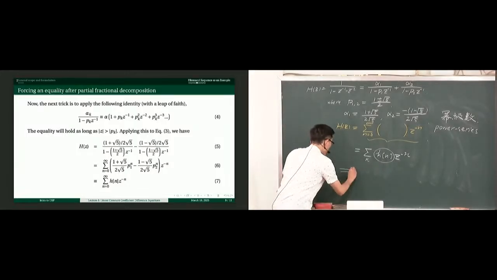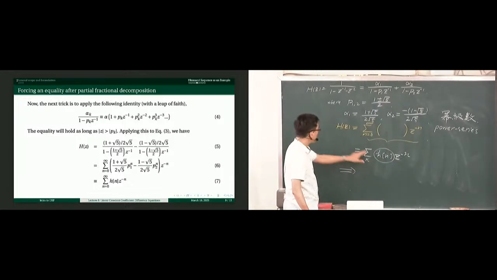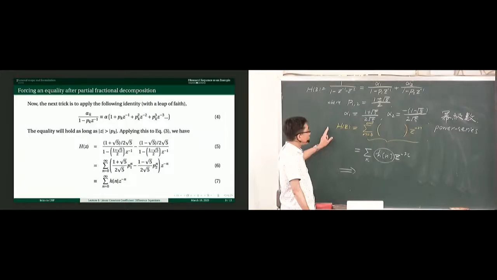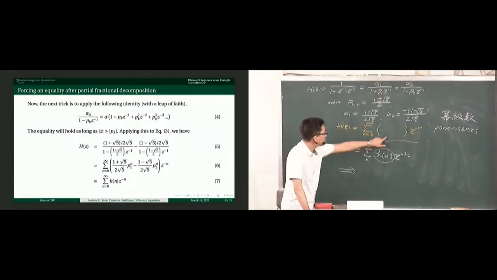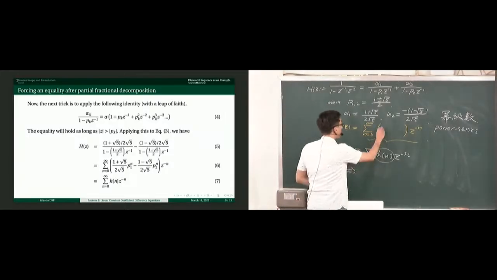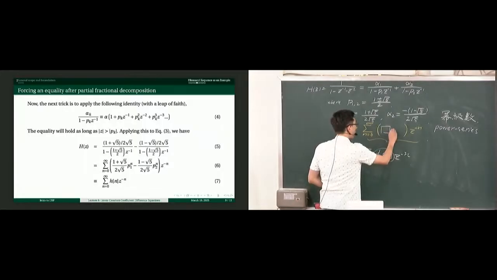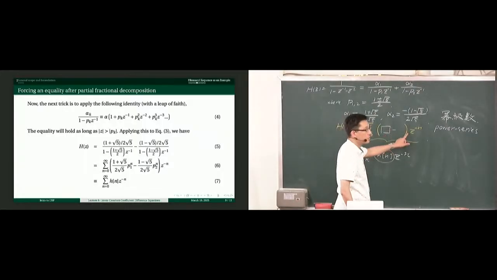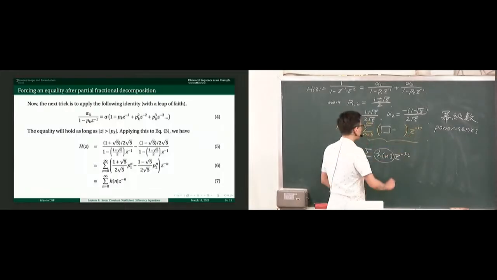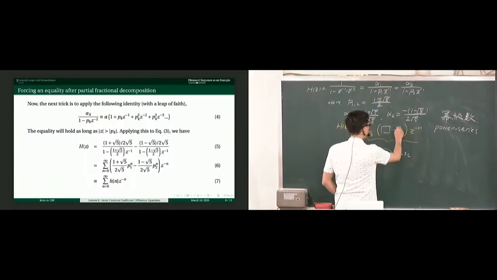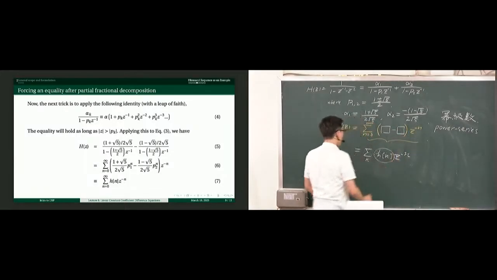So therefore, by definition, h of z is the z transform of small h. But now, after so many steps, we have h of z also equal to that, with the sum of two geometric sequences inside.